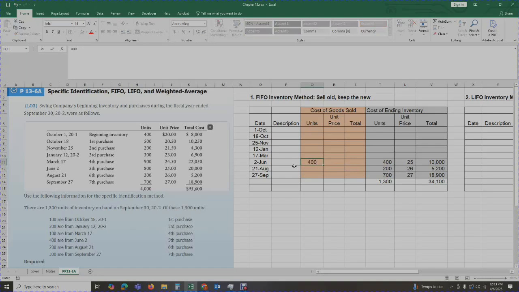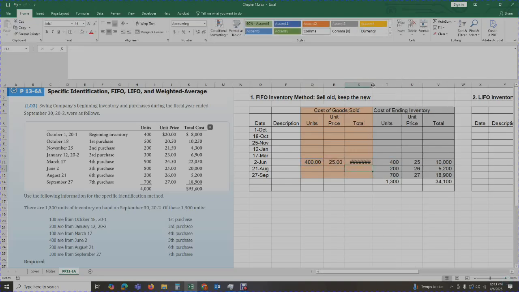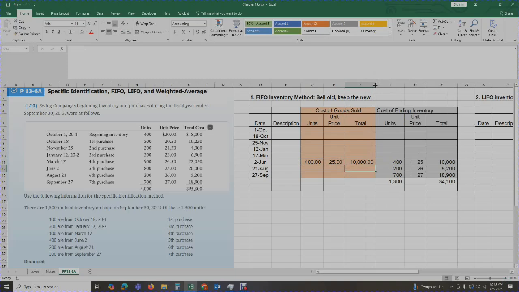So I'm going to have 400 units at $25, and we multiply, which gives me $10,000. Now, I forgot to enter the descriptions.